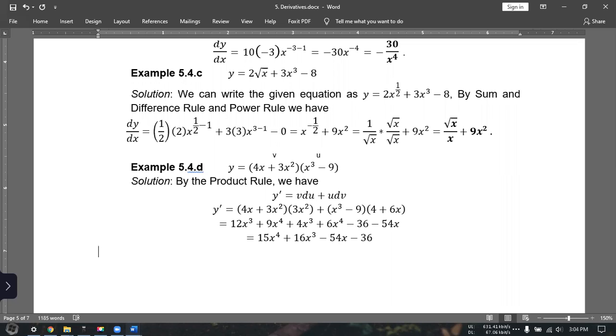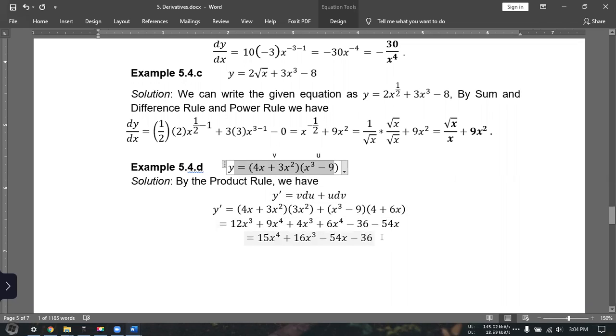Any question about the product rule? Wala naman po. Okay. Now, if you're not comfortable with this rule, you can just multiply these two, and then go over with the basic rules. Okay lang yun. You'll be arriving at the same solution later.